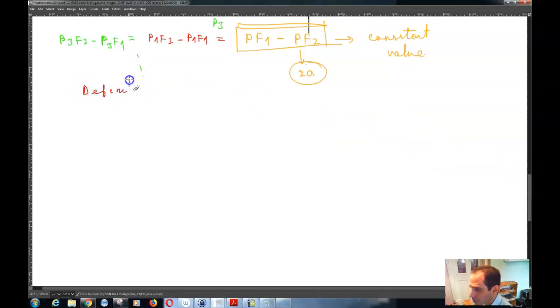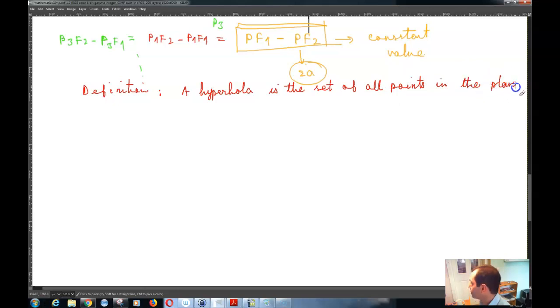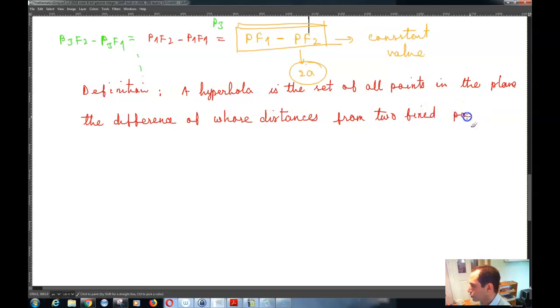As a definition, you can say that a hyperbola is the set of all points in the plane, the difference of whose distances from two fixed points in the plane is a constant.